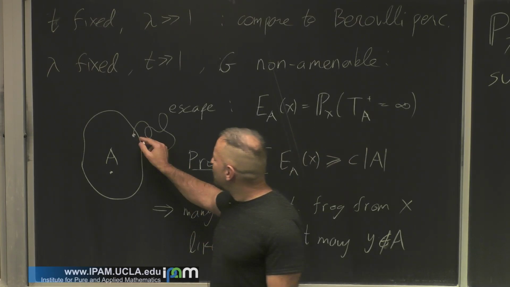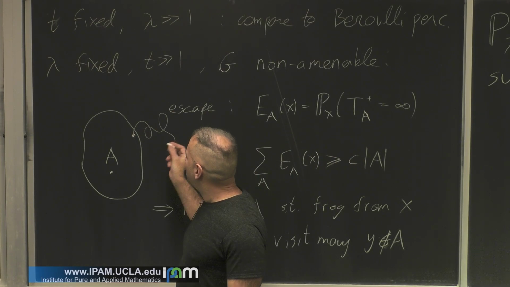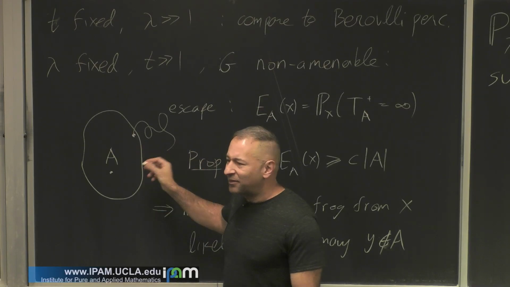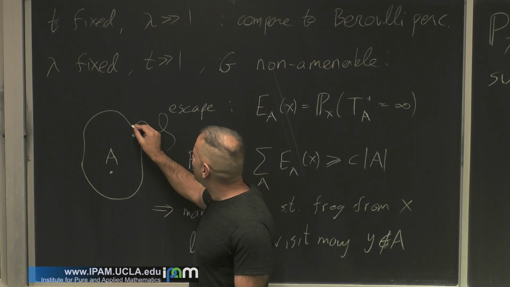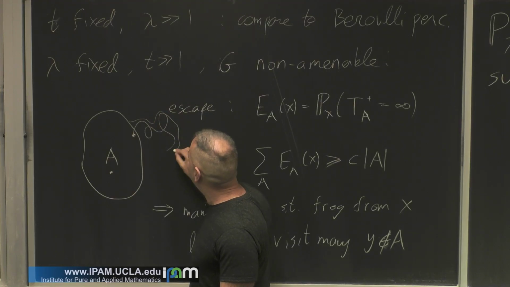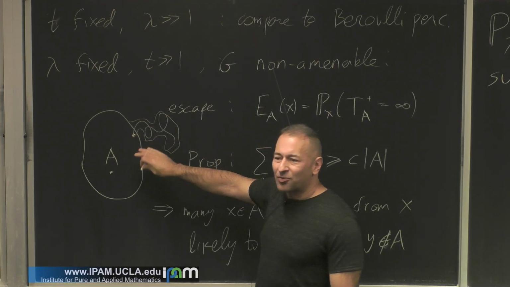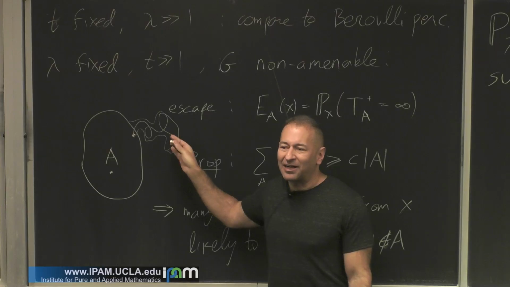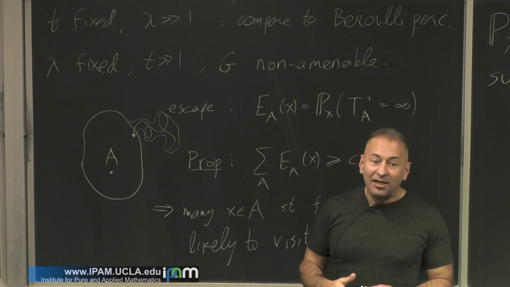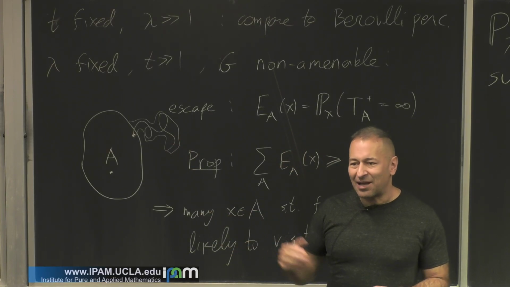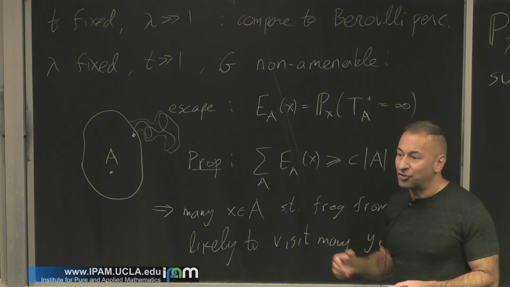And so we pick such a frog. It has some trajectory. Maybe the trajectory is small, but there's a good chance the trajectory is large, and then we just add the trajectory to A. So the set A of activated vertices grows, and on average it grows by something large.